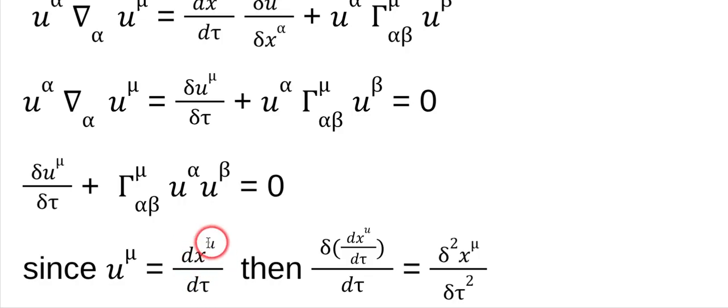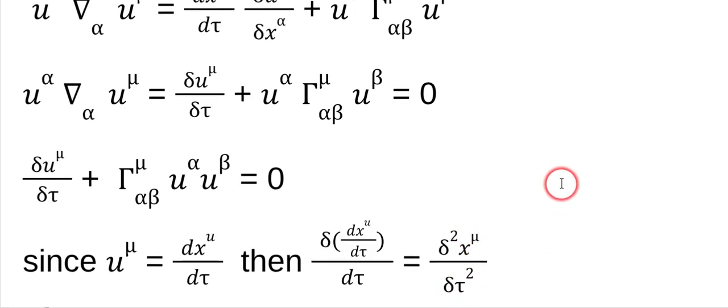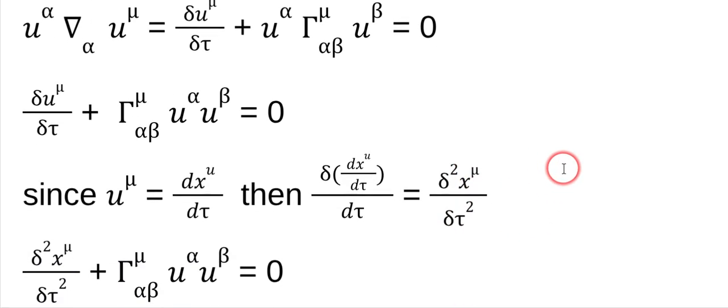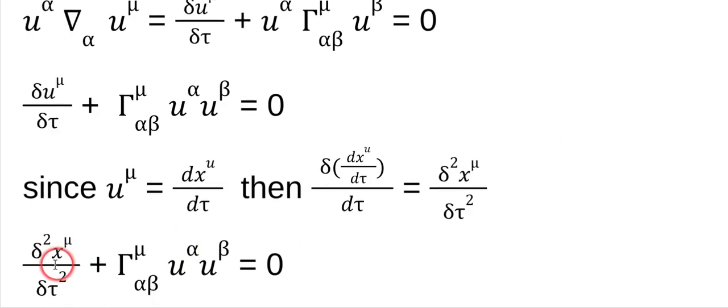So we're going to put this in right there, and the partial of this with respect to tau gives us the second derivative of x mu with respect to tau squared. We put that back in like this, and this is actually the equation of a geodesic.